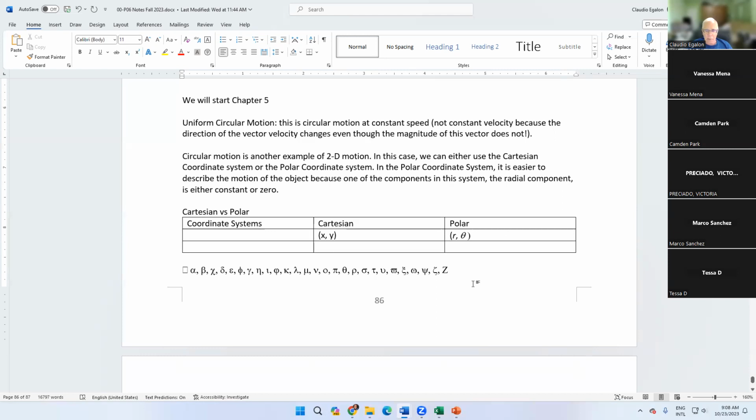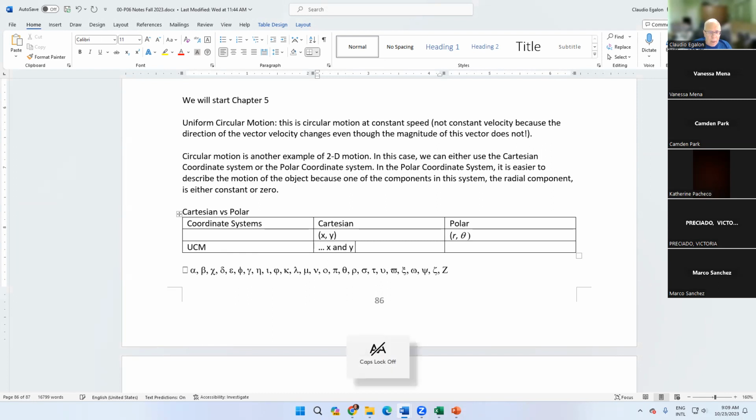But let's go back here. There is a relationship between those coordinate systems. For uniform circular motion, both x and y are functions of t, okay?